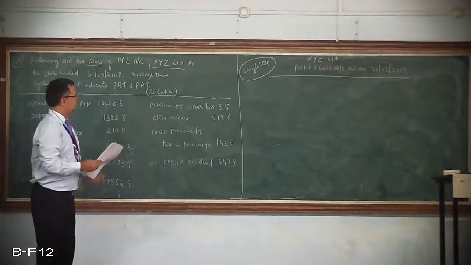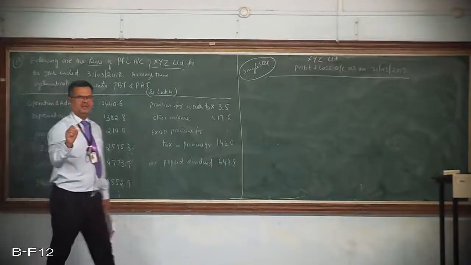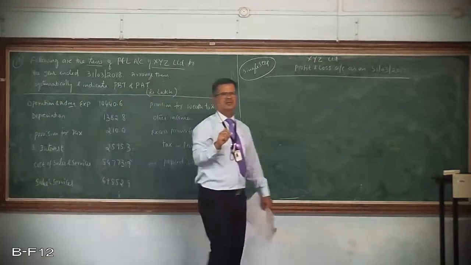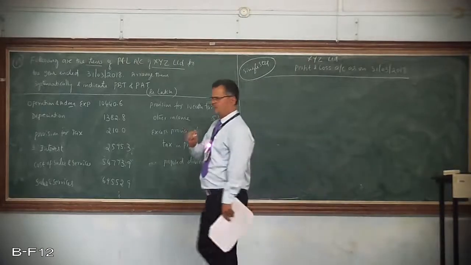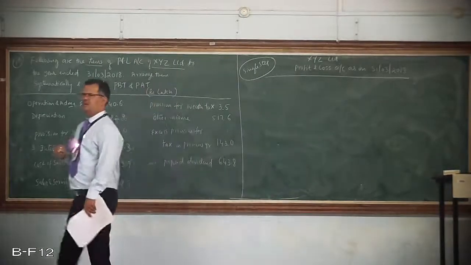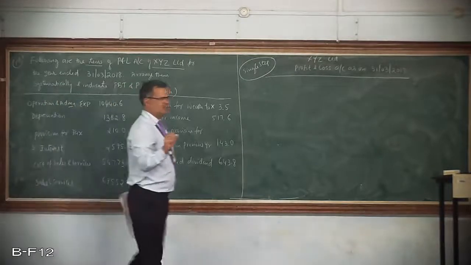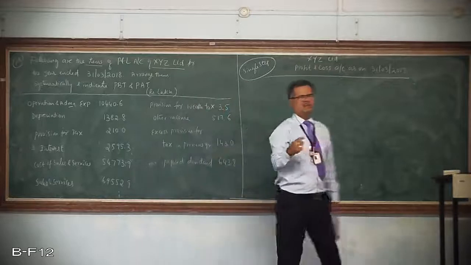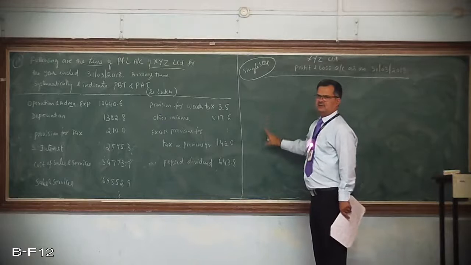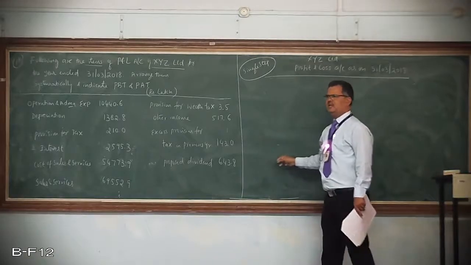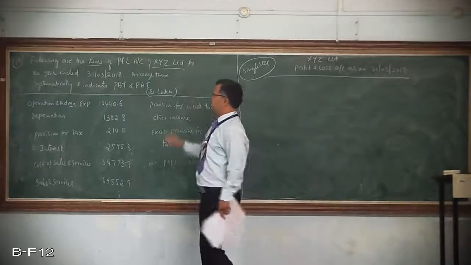Whereas in multi-step, you need to calculate gross profit and operating profit, next the profit before tax and profit after tax, then of course go for appropriation of profit. But in single step, we find only the revenue part, then the expenses part, directly finding the net profit. That's the single step of preparing the statement.